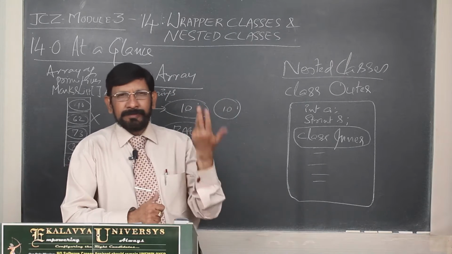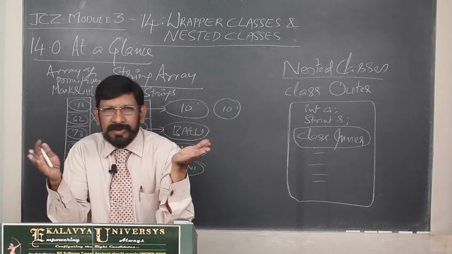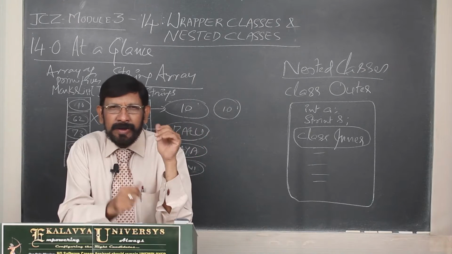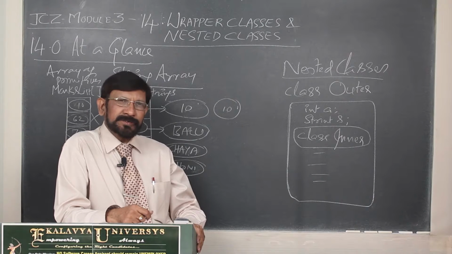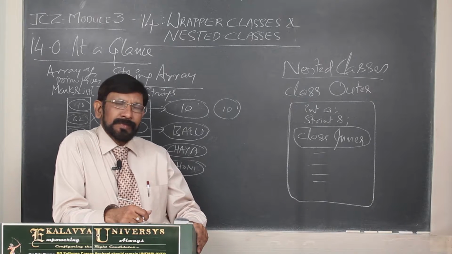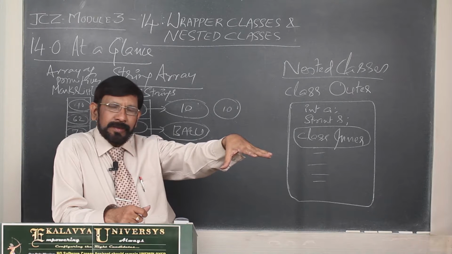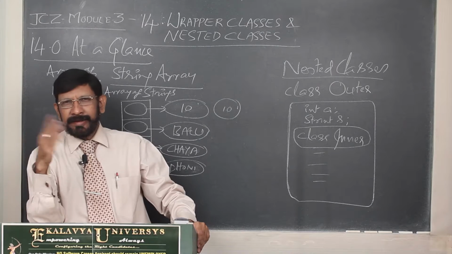Actually, from real life, if you see, there is an organization. Let us take one college. College is one type of organization. They undertake certain types of operations relating to education. Now, you can find a canteen in every college. Canteen is a catering business.